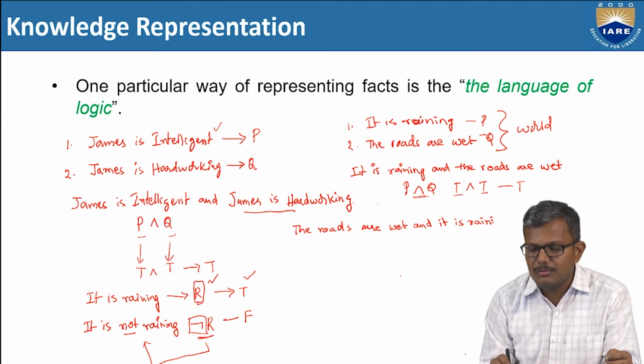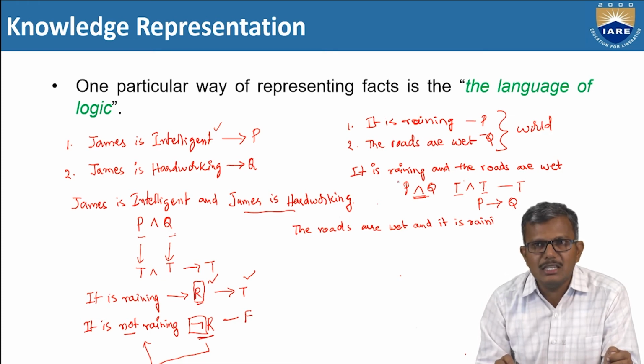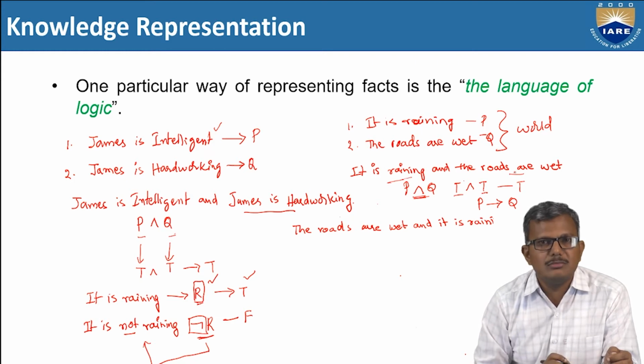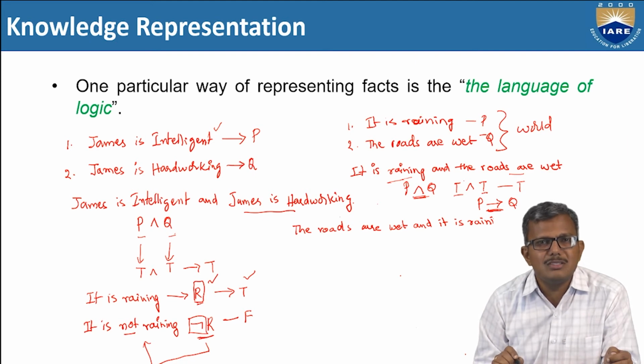In the general representation you can frame P and Q, but here, true and true, so I can represent it with implies also: P implies Q. Whenever P is true, then obviously Q is also going to be true. If it is raining, then we can say that because of this raining, the roads are wet. It is giving some meaning. So I am representing that in propositional logic like this: P implies Q. When P is true, then automatically Q becomes true.